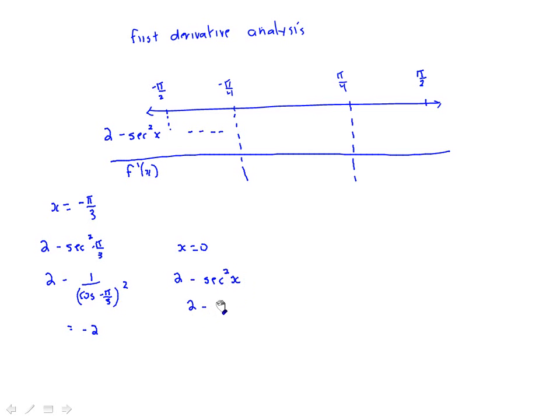So 2 minus 1 over cos of 0 squared is 2 minus 1 over 1 squared. So 2 minus 1 is 1. You can check that in your calculator if you're not sure. 2 minus 1 divided by cos of 0 squared, you do get 1. So we're positive there.